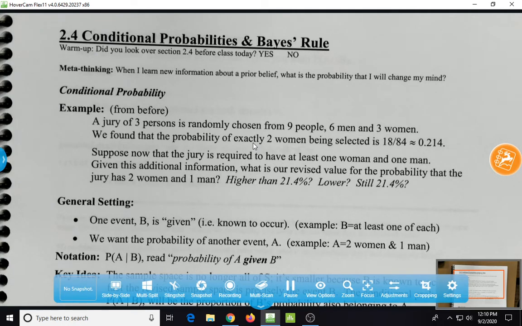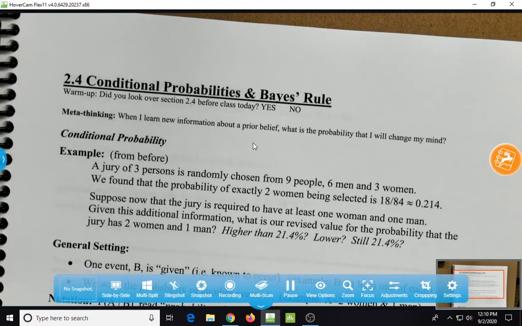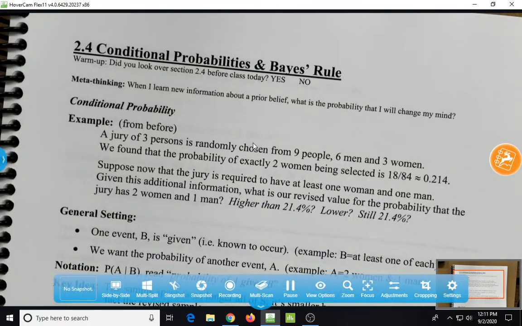The question is, when I learn new information about a prior belief, what is the probability that I will change my mind? This is found on page 29. So if I learn information about a prior belief, how likely is it that I will change my mind?